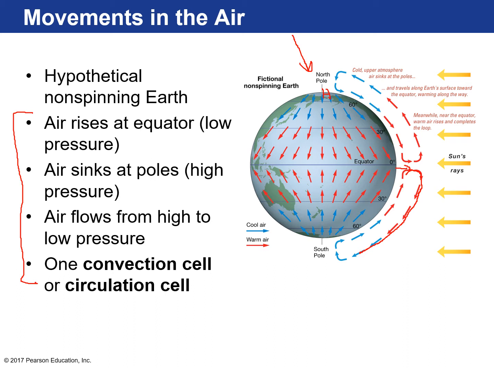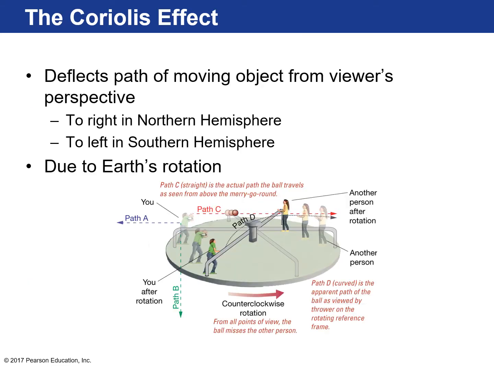But we actually have an Earth that rotates, and that alters the paths of moving air masses. One way to understand it is to understand the Coriolis effect. Essentially, anything with mass that's moving in a direction on a spinning sphere will appear to be deflected from the viewer's perspective.